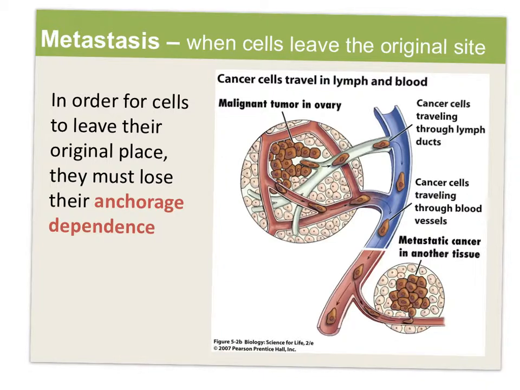But when it loses anchorage dependence, that means that it can start traveling. So not all cancers are metastatic. Some remain in place, they invade adjacent tissue, but they don't travel anywhere. Whereas others can travel extensively. So lung cancers, breast cancers, pancreatic cancers, all of those are actually metastatic. Not only do they invade surrounding tissue, but they can generate tumors in the brain, in other organs.